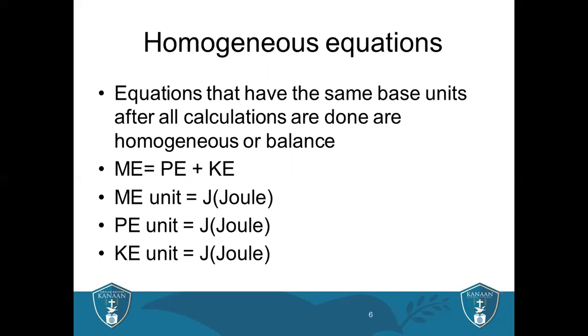Now we can see that ME equals PE plus KE, and all of them are joules. That's how we know it's a homogeneous equation: if things are equal and different calculations end up having the same unit, they are called homogeneous.